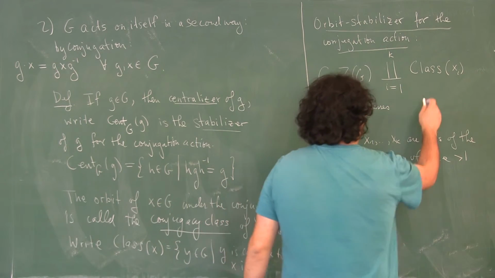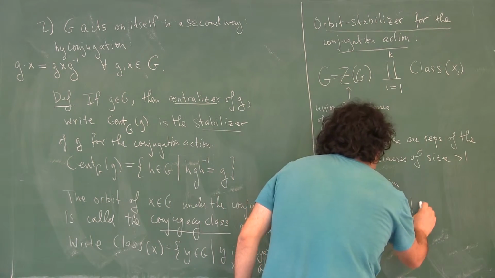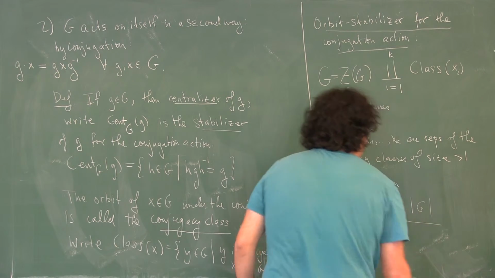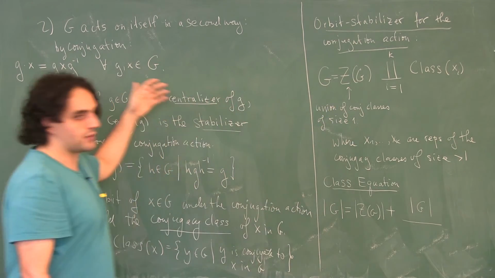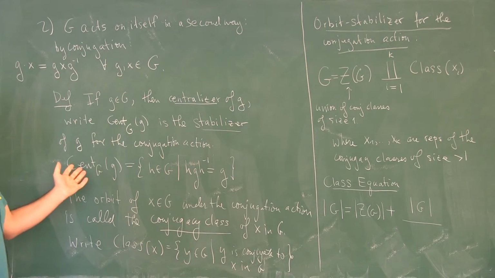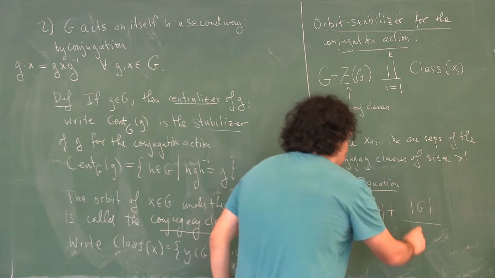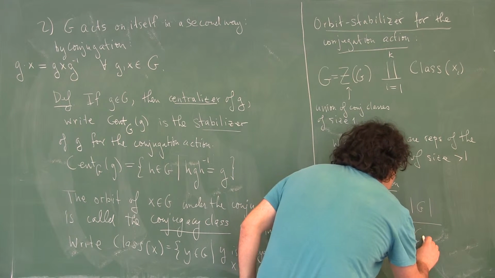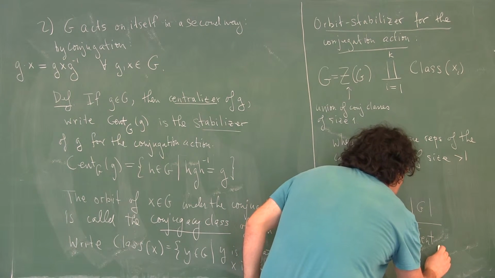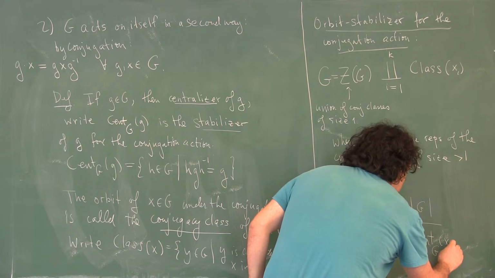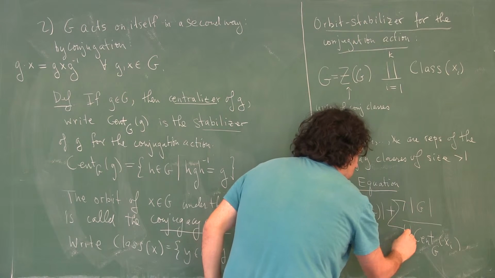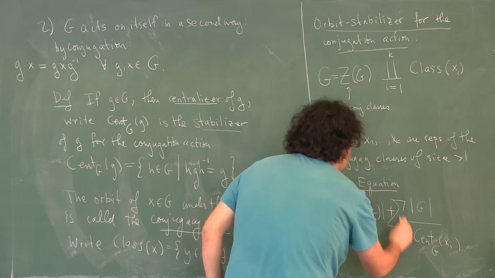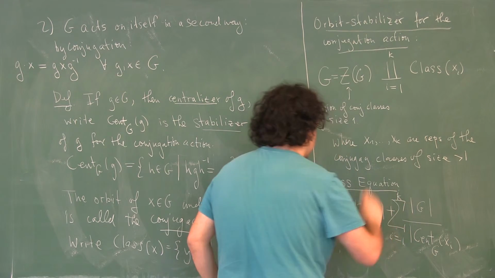I can write it as the order of G divided by the order of the stabilizer of xi, which in the case of conjugation we said is just the centralizer. So the order of G divided by the order of the centralizer in G of xi, and this should be summed up from i equals 1 to k.